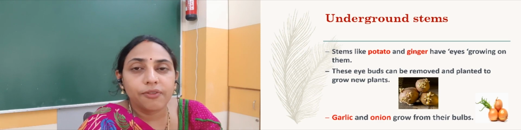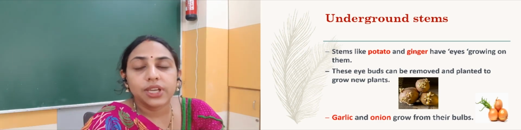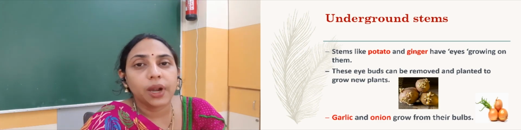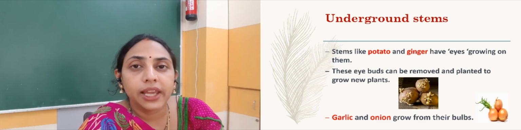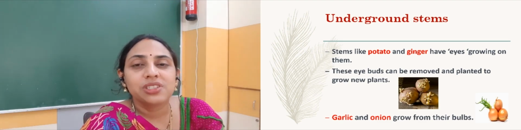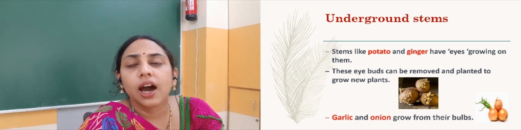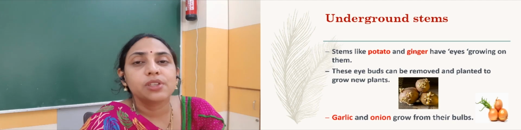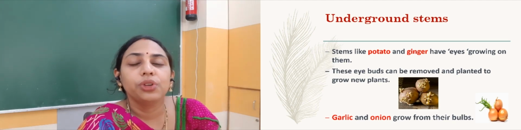And onion and garlic reproduce through a very special part that is called bulbs. If you have seen the plant of the onion, on the top of the plant you can see small bulb-like structures. That is actually not a bulb, but the structure looks like the shape of a bulb, so we have named it a bulb. So the garlic and onion have bulbs on the plants, and these bulbs can be used to grow new plants.